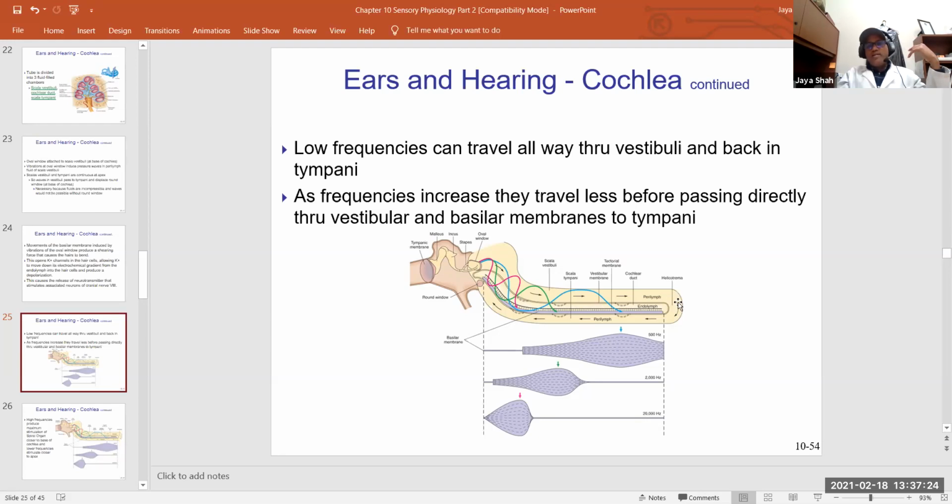If you uncoil the cochlea, the high frequency sound stimulates the hair cells at the base of the cochlea, whereas low frequency sounds stimulate at the apex of the cochlea. Are you following me? The lower the pitch, the farther from the base; the higher the pitch, the nearer the base. Okay.